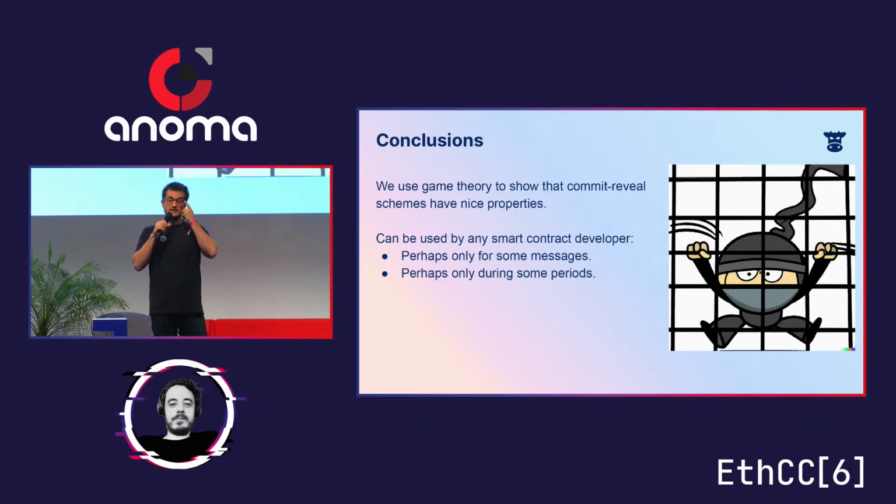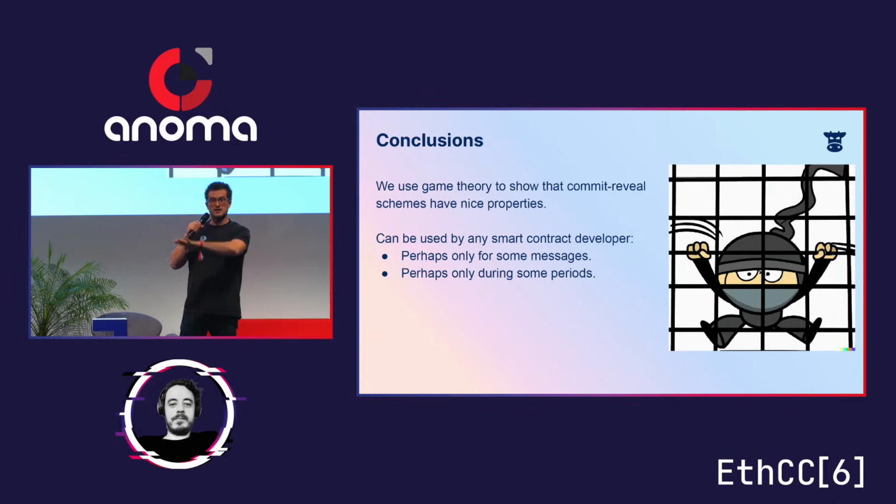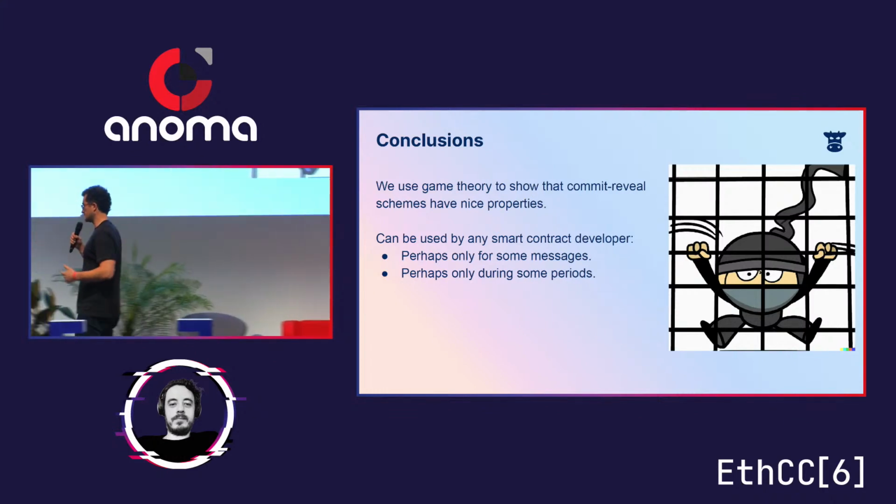So for example, you could decide that this protocol is required only for certain messages. So there is a set of messages that, as they are received, they are executed. But then there is another set of messages that are executed only if they were committed earlier. And it's also possible to design a system in which the scheme is required only in some periods and not in others. So it affords a lot of flexibility.